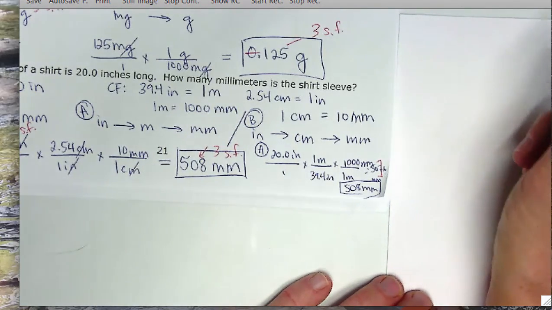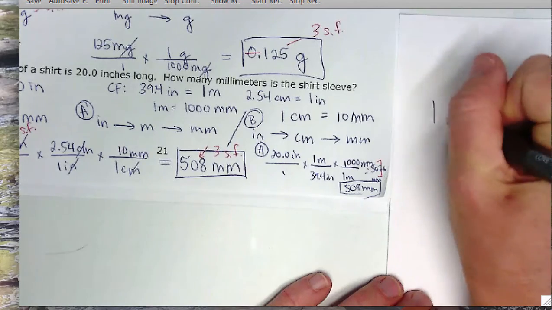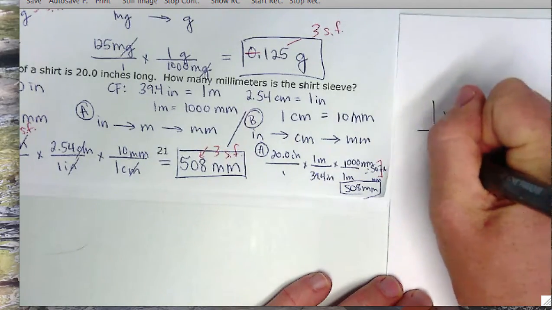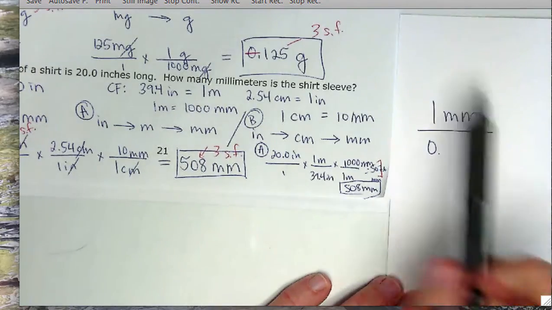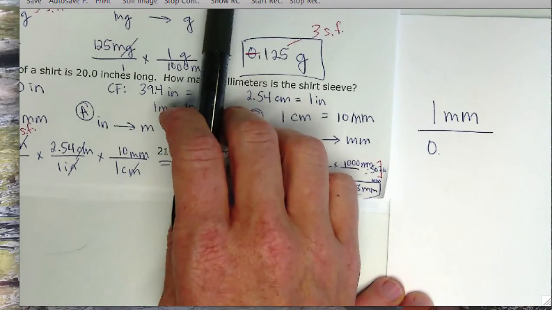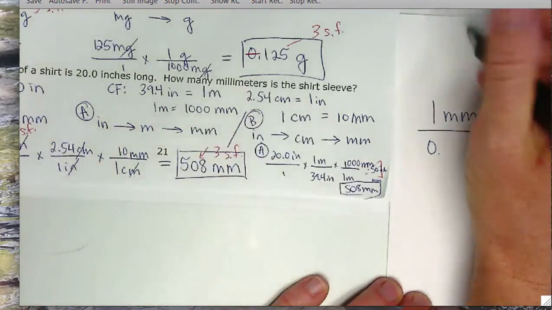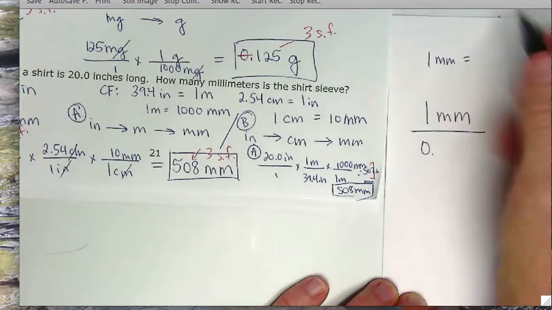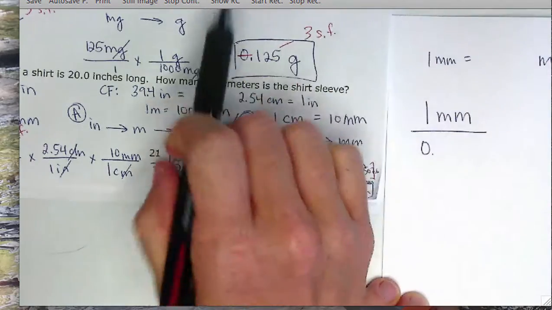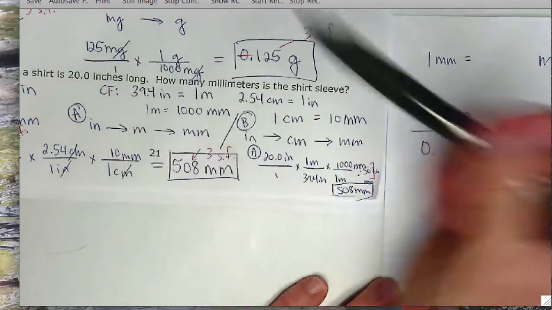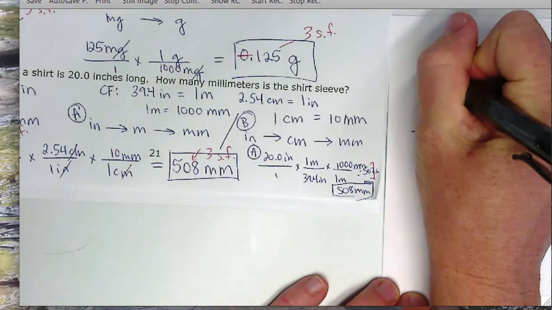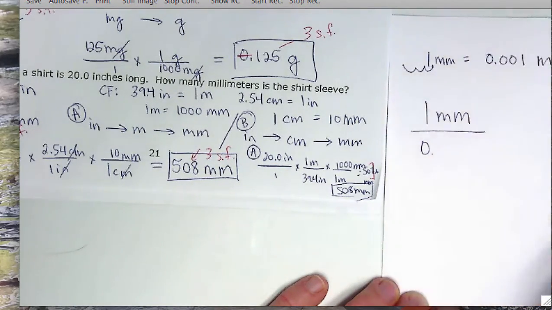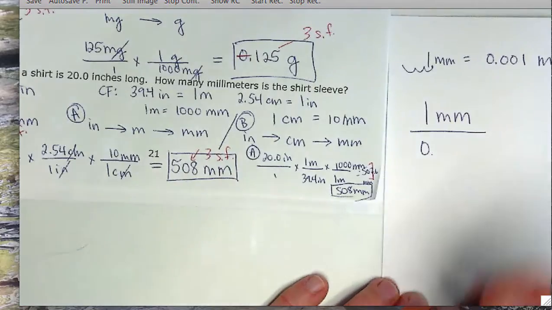So I was like, okay, in 1 millimeter, how many meters are there? Is it 0.001 or 0.000? So 1 millimeter equals, you're going to go 3 to the left. So 1, 2, 3. So it is 2 zeros. Yes. Okay.